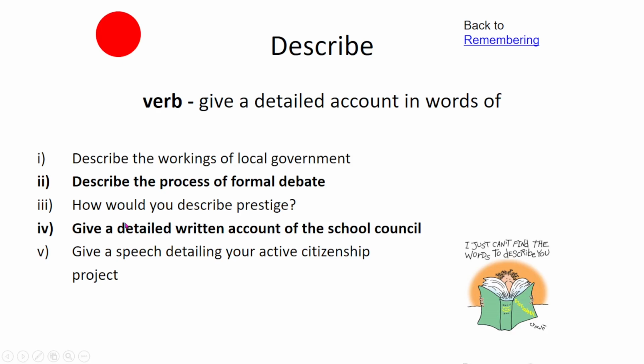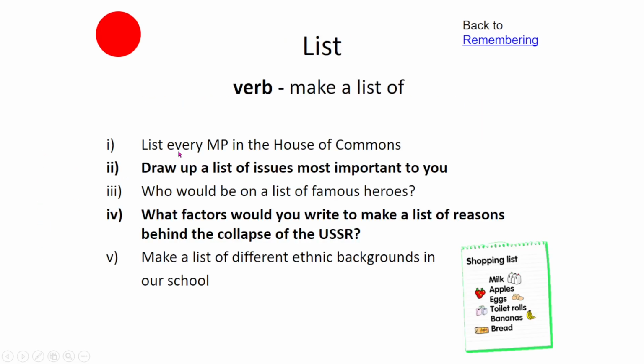Next, list. Make a list of. List every MP in the House of Commons. Draw a list of issues most important to you in daily life. You make a shopping list like milk, apples, eggs, toilet roll, bananas, bread, etc. Match: correspond or cause to correspond.